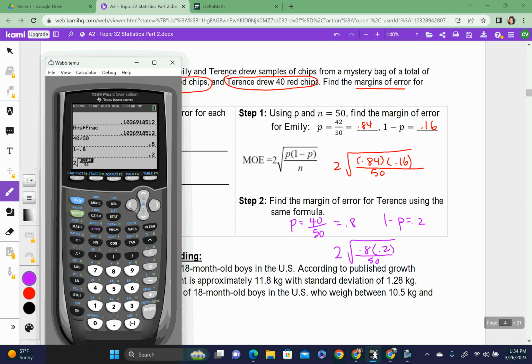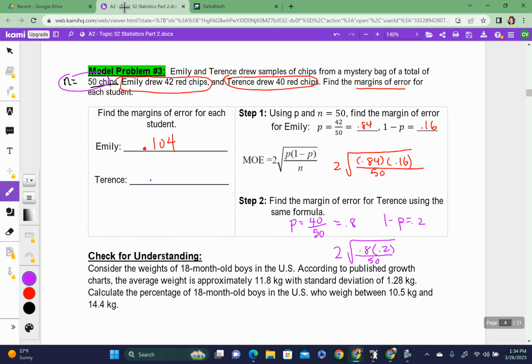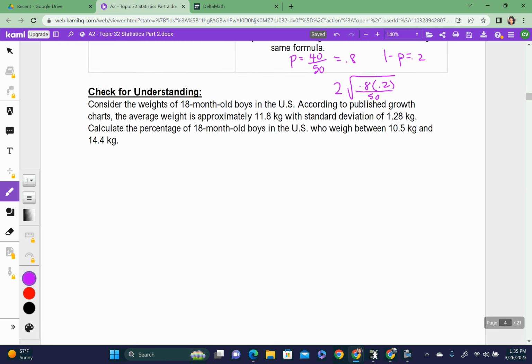Instead of 0.84, I just want to do 0.8. And instead of 0.16, I just want to do 0.2 and delete the 6. I'm going to hit enter, and it gives me 0.113. So 0.113 is the margin of error for Terrence.